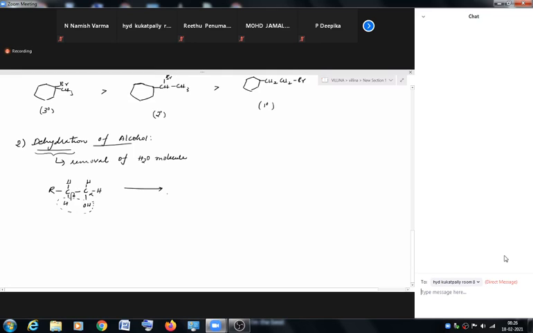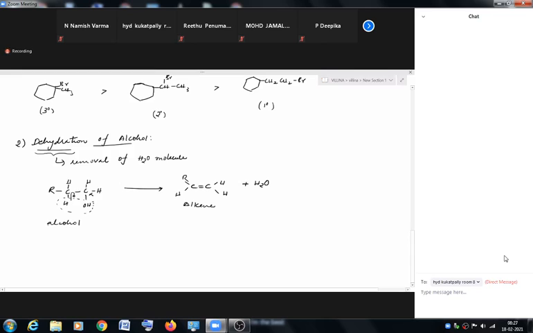We will be removing a water molecule, H and OH from adjacent carbons are removed as H2O, and the remaining part will form a carbon-carbon double bond, H, H, R, and H. So this is alkene and this is alcohol. We get the alkene by the removal of a water molecule from the alcohol.